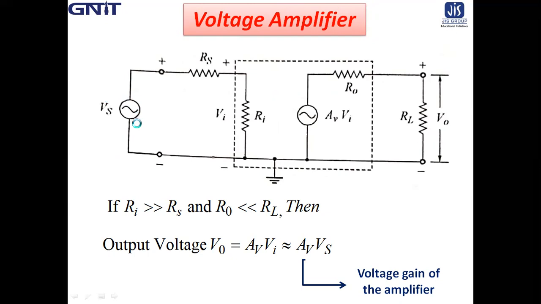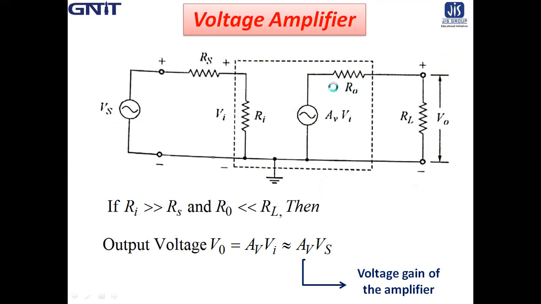Voltage amplifier, that means in the input we are applying a voltage. It is basically a two-port network. It consists of Thevenin's network both in the input and output stage. So in the input you are applying a voltage and from output we also get the voltage. The RS resistance is in series with the voltage source.